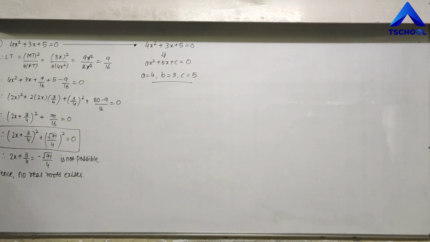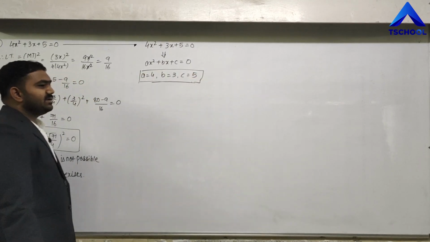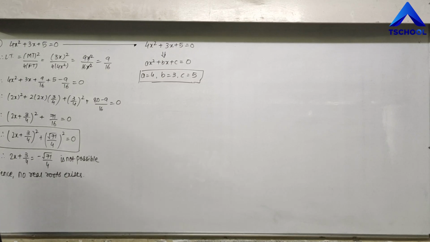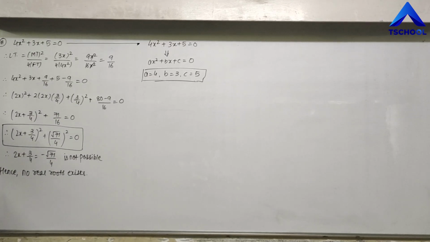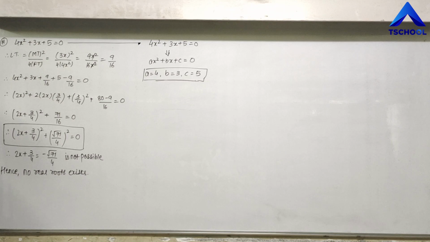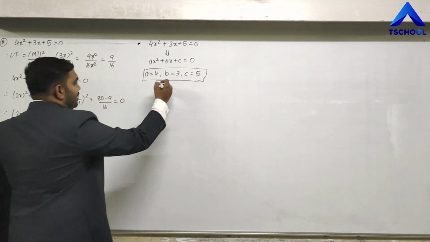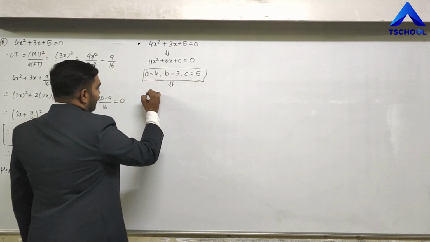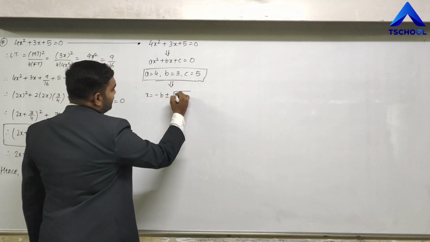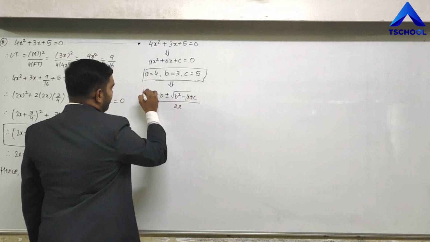Now once we get these coefficients, we are going to look at the quadratic formula. Now, the quadratic formula is x equals to minus b plus or minus root b square minus 4ac upon 2a, right? This is the formula.